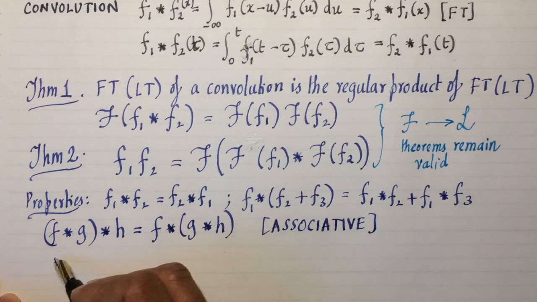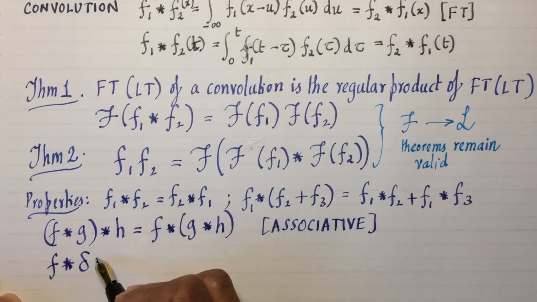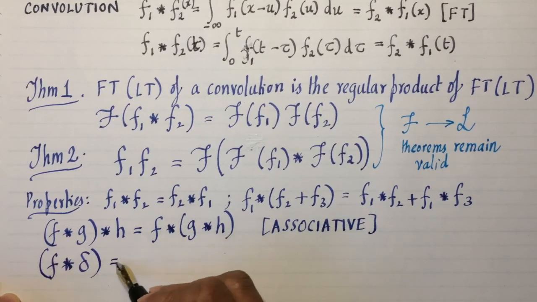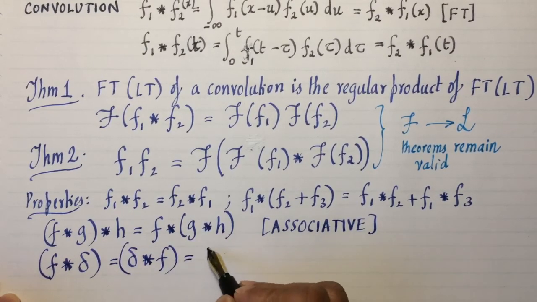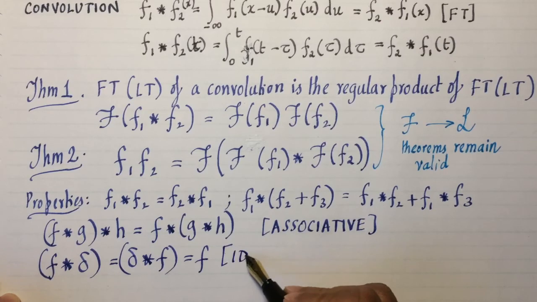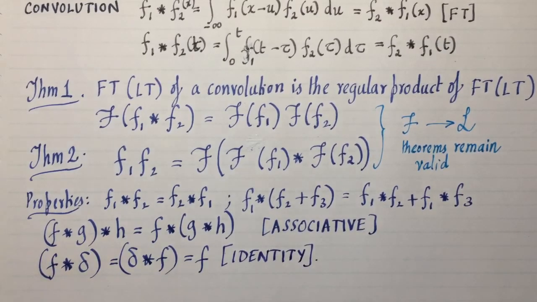The next property is called the existence of an identity element. So if I have a delta function, the convolution of f with delta is the same as the convolution of delta with f, and that's going to be equal to f. So that's called an identity element. Those who know a little bit of group theory will start seeing some interesting structure develop here.